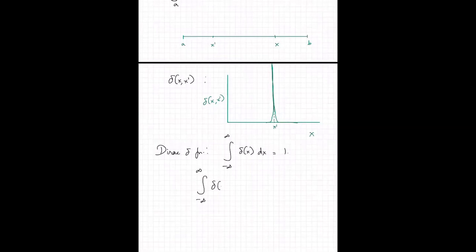So the integral of delta of x minus a times f of x dx would pick out the value of the function at the point a. If you think about it, that is what a projection operator does. It picks out the value of the vector along some particular basis e_i.